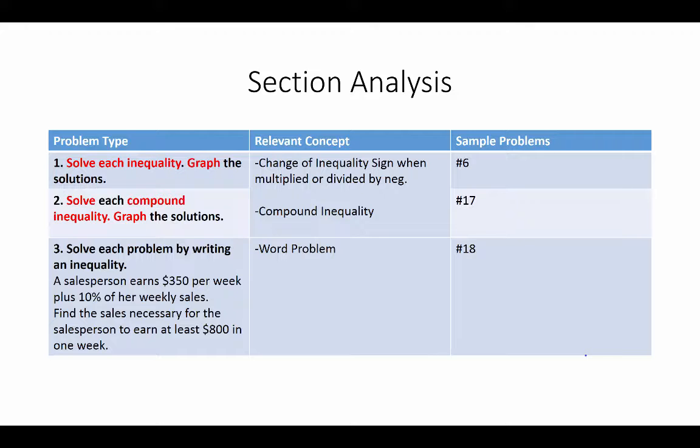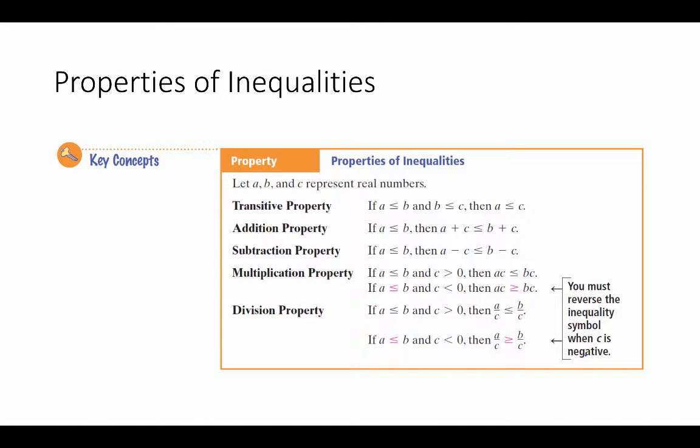And then we'll deal with a word problem that deals with inequalities. I'm going to break down each sentence, translate the English language to mathematical inequalities, and then solve for it. So let's talk about properties of inequalities.